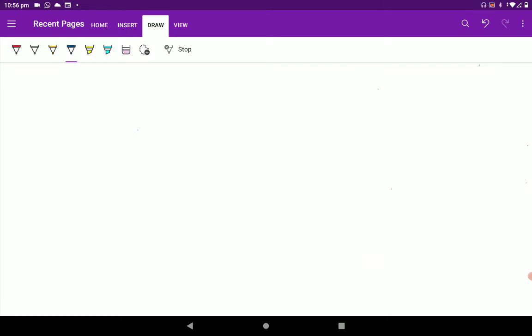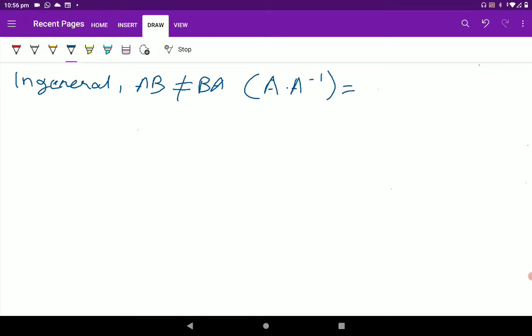Now in general, we know this property, that is AB is not equal to BA, A dot A inverse is equal to the identity matrix I, and A(BC) is equal to (AB)C. So the above point symmetries are called groups, which constitute 7 crystalline structures, which are called the Bravais lattice systems.